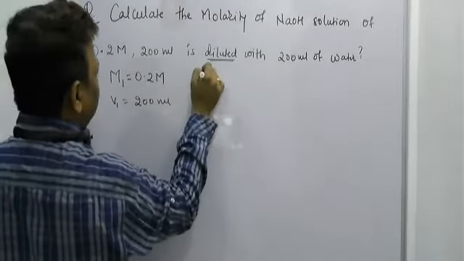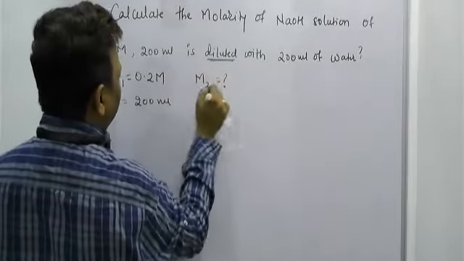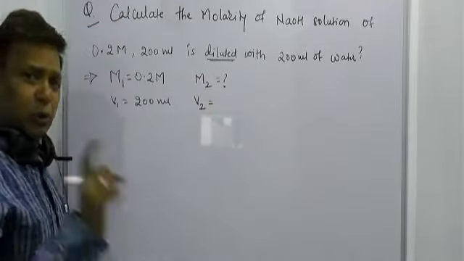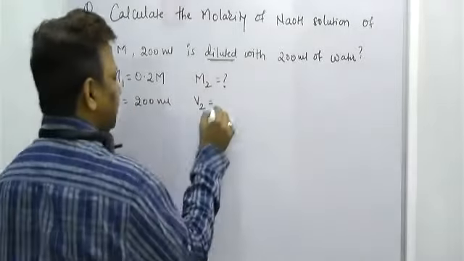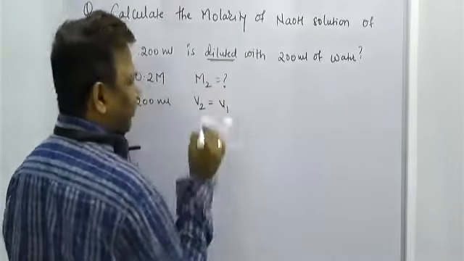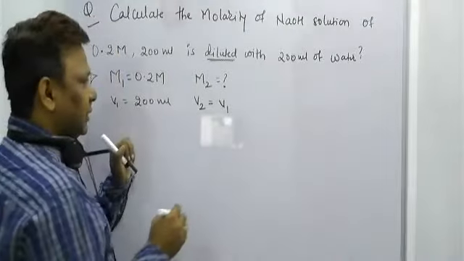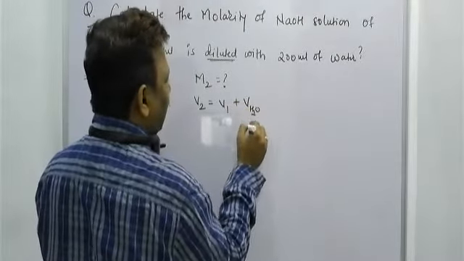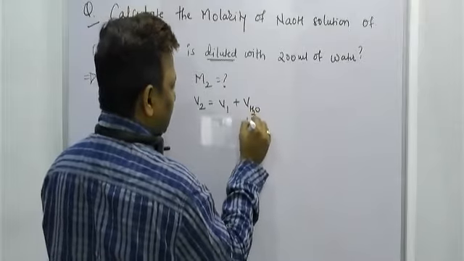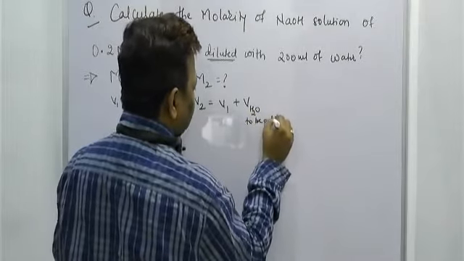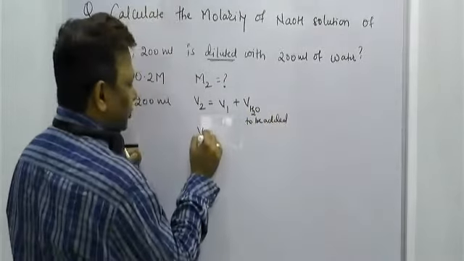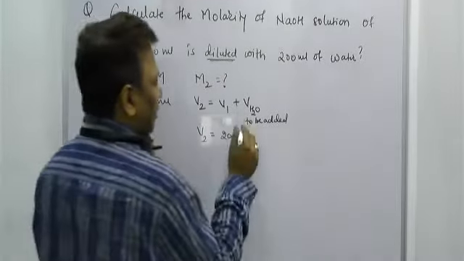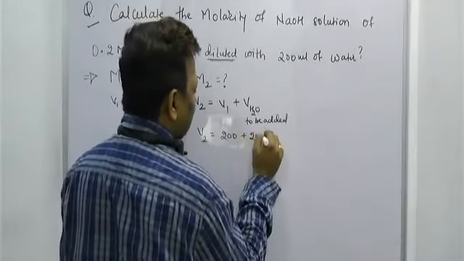Another concentration we have to find out. What is the second volume V2? V2 is the total volume. What is the total volume, beta? Initial volume V1 plus the volume of water added, VH2O. So 200 is the initial volume and the volume of water added is also 200.